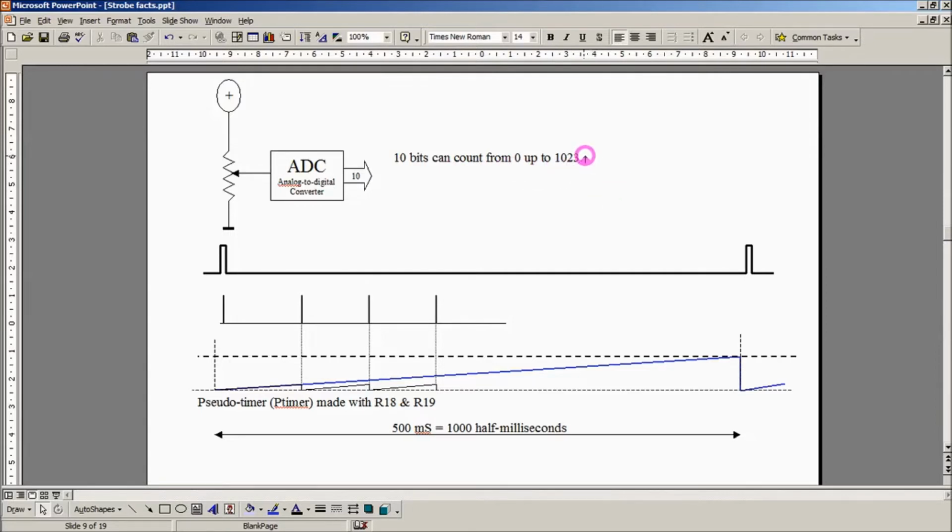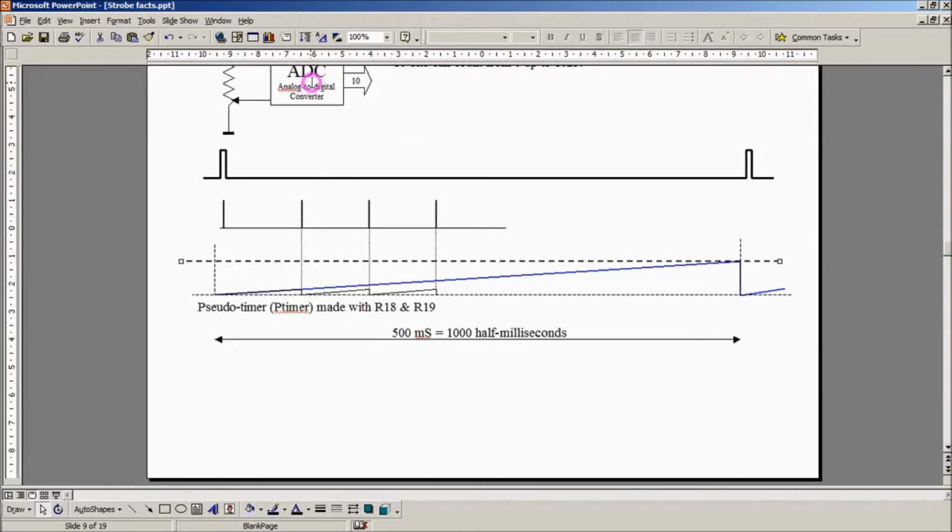Now 1023 is just a little bit more than 1,000. The distance between these two pulses is 500, so there's a handy ratio there. So if we count up in half milliseconds, there will be 1,000 half milliseconds in between these two pulses.